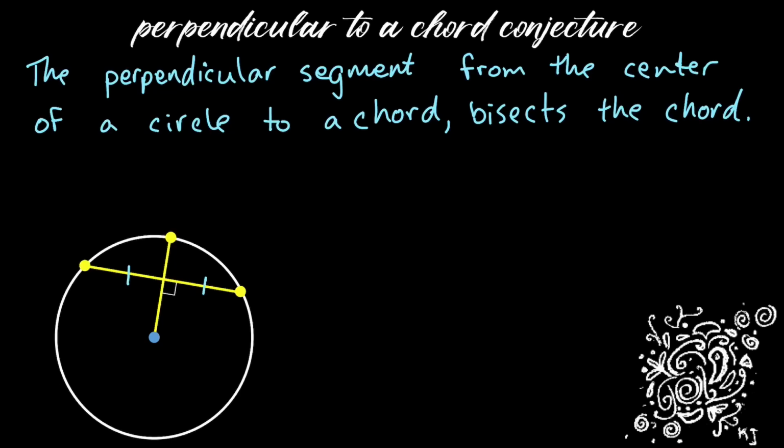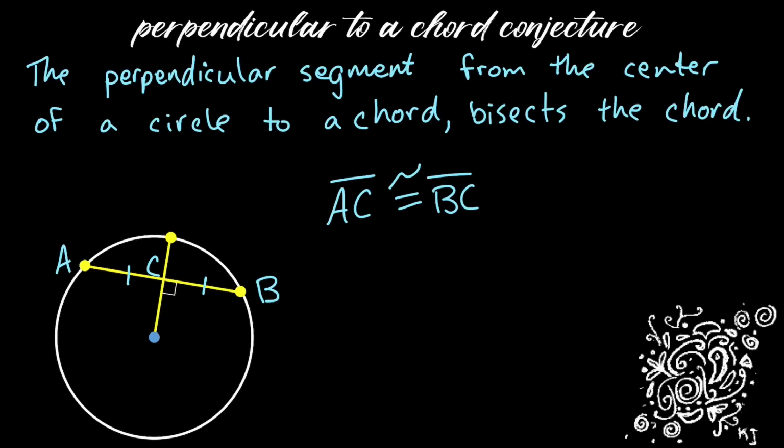So this side is congruent to that side. So if we want to label this, we can say that AC is congruent, that segment is congruent to segment BC.